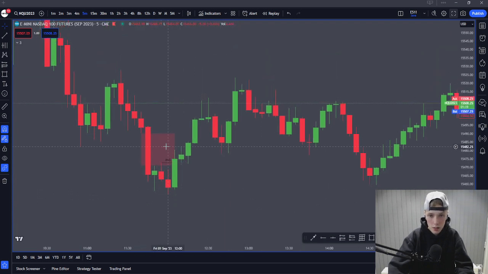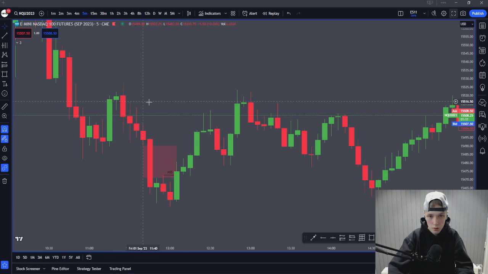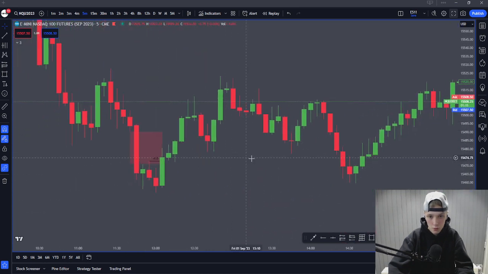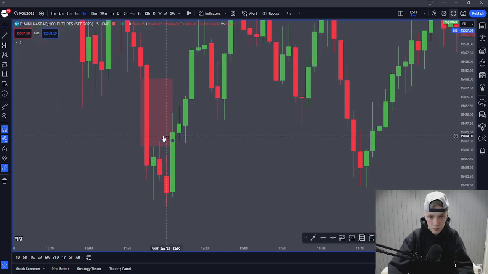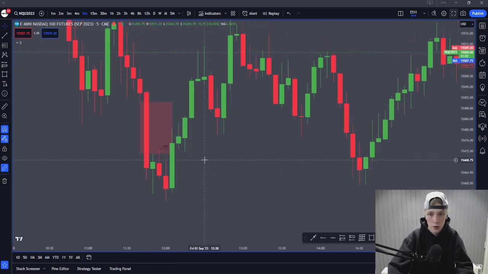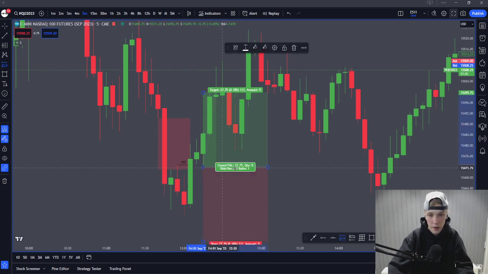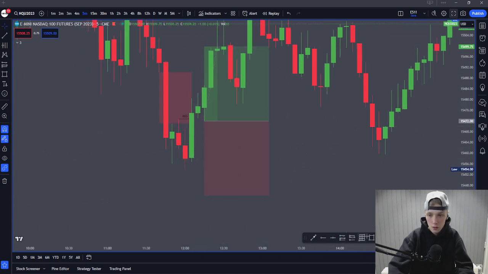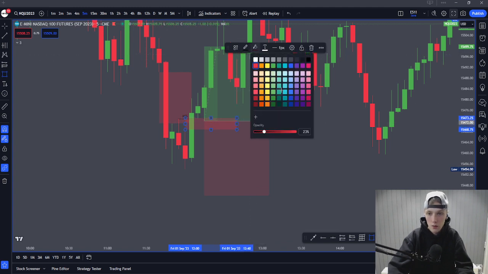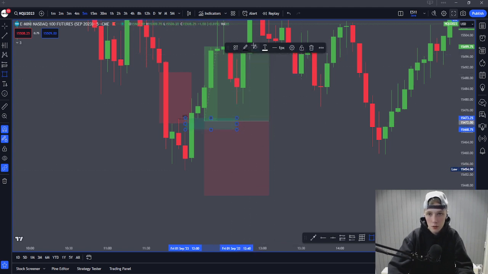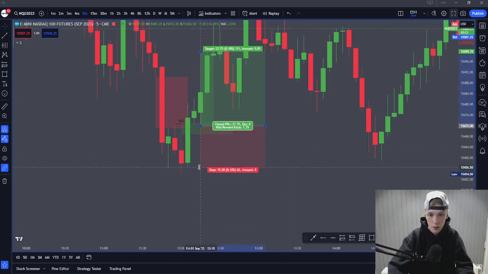So this is the last example I used, I think, right? No, it's not. So this is a market structure shift. We know for a fact that the market is going to go up, right? So if you enter off this fair value gap or this BISI right here, it's a good long.